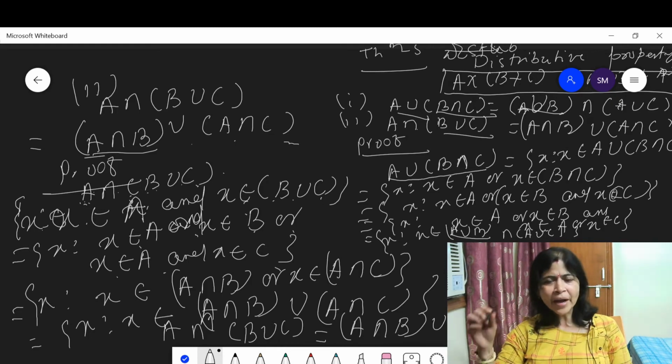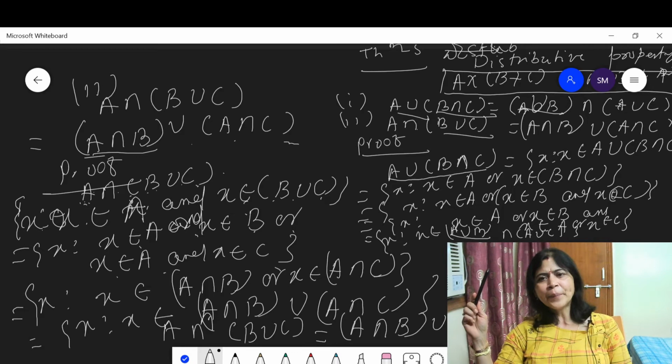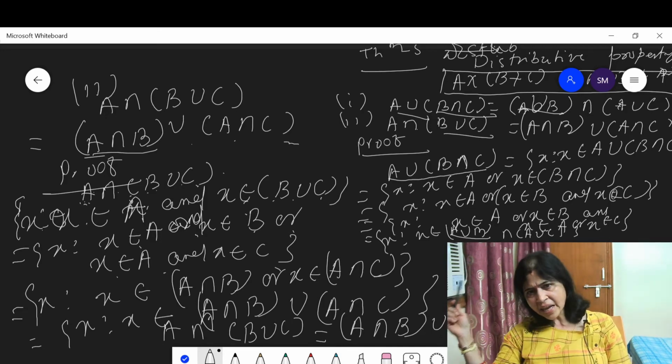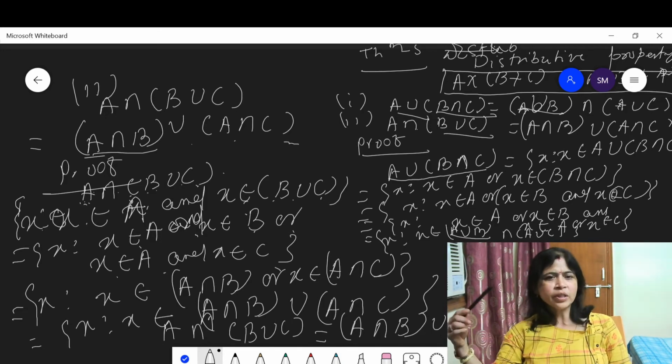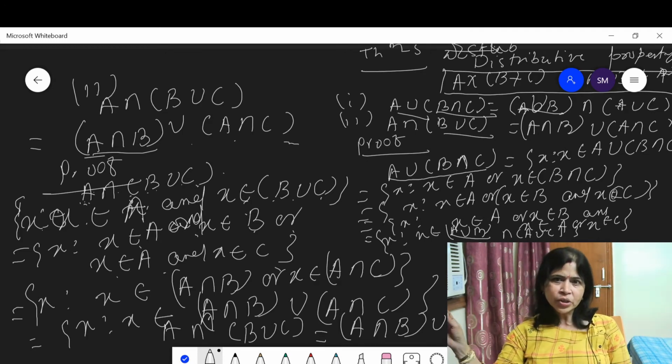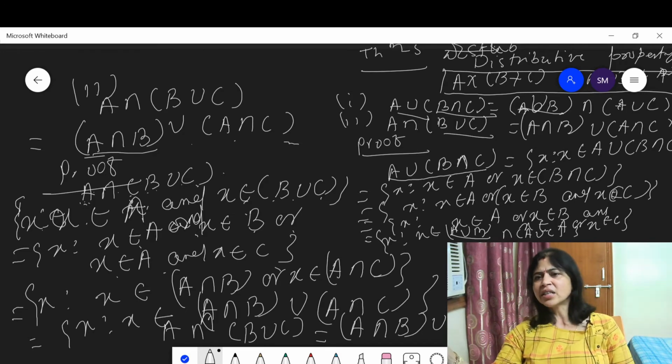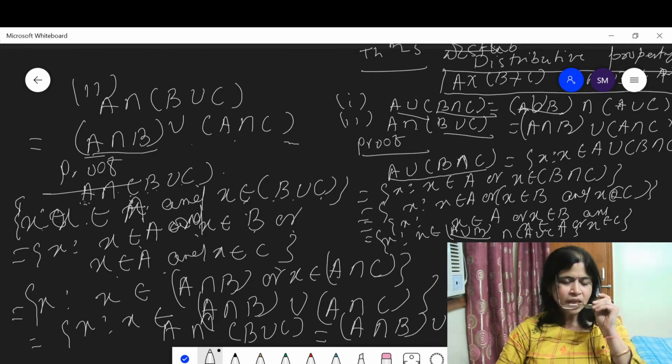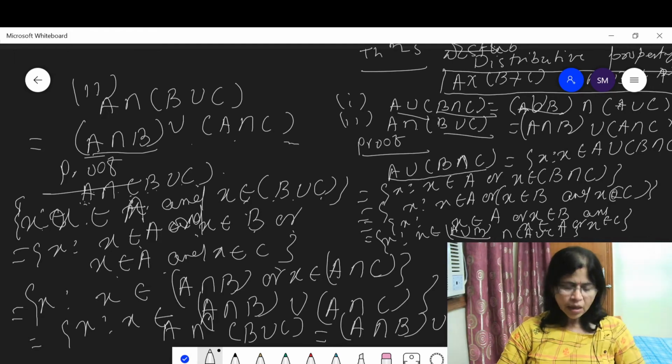The first part says that A union B intersection C is equal to A union B intersection A union C. We prove it in this way. In the second part, we have to prove that A intersection B union C is equal to A intersection B union A intersection C. Okay.